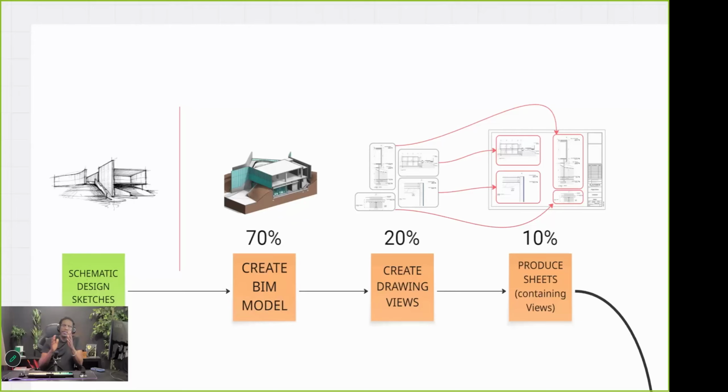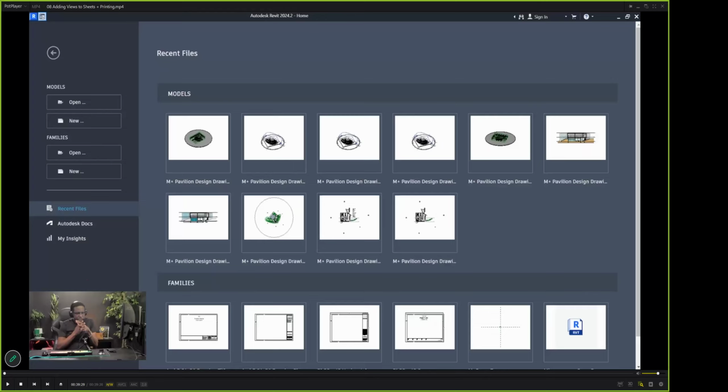All right. Now part 2 is going to show you how to add drawings to the sheet. The drawings you're going to add to the sheet will be from your major project.